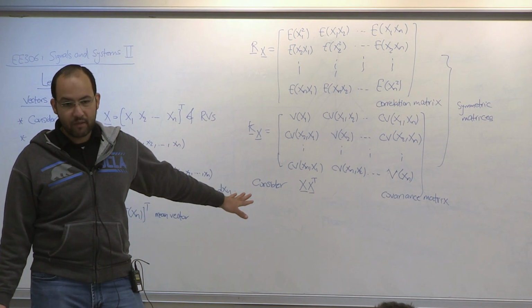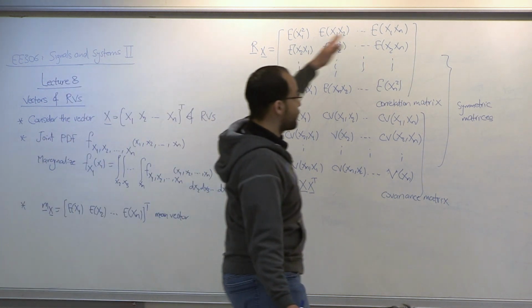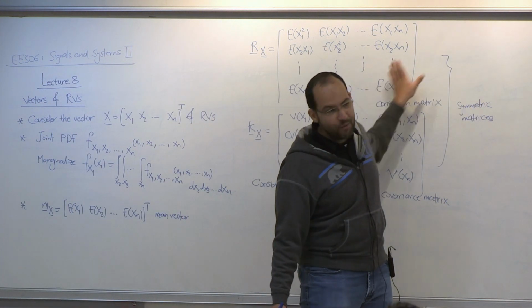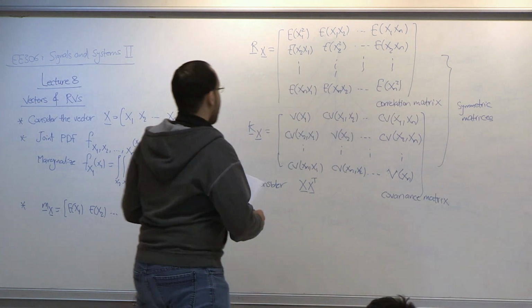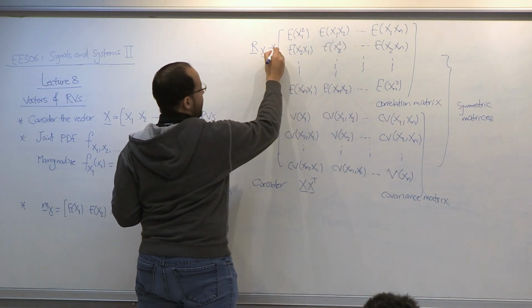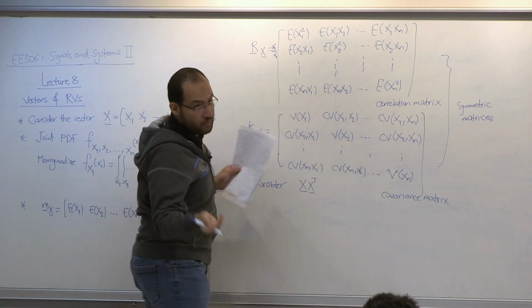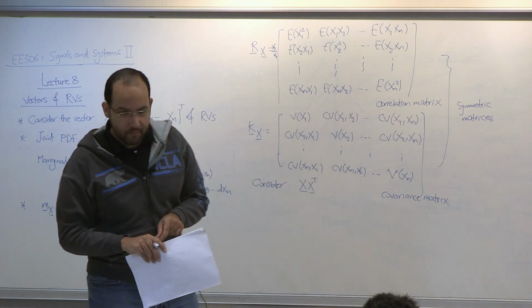This is a rank 1 matrix, right? X X transpose is a rank 1 matrix. It's just the first row, and then you have different scaled versions of the first row. Essentially, if you remove the expectation, you can get the second row immediately by multiplying by X2 over X1, and so on and so forth going down.